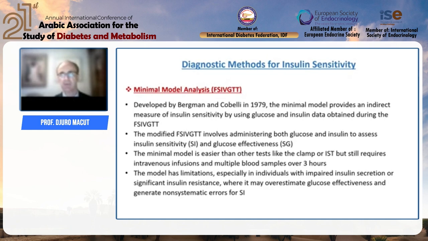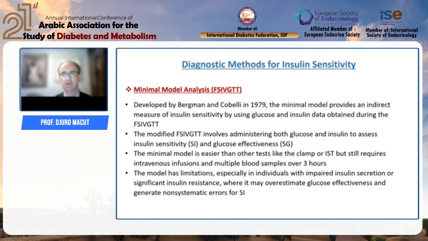One of the attempts to use more computerized methods or formulas was the minimal model analysis, developed by Bergman and Cobelli in 1979, which provides an indirect measure of insulin sensitivity by using glucose and insulin data obtained during the frequently sampled intravenous glucose tolerance test.